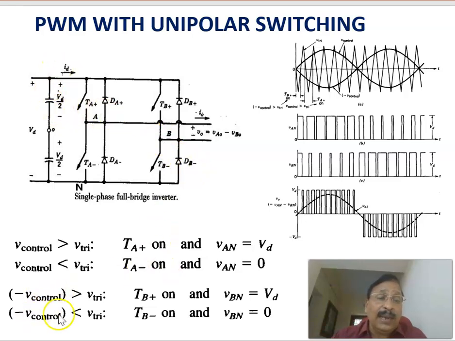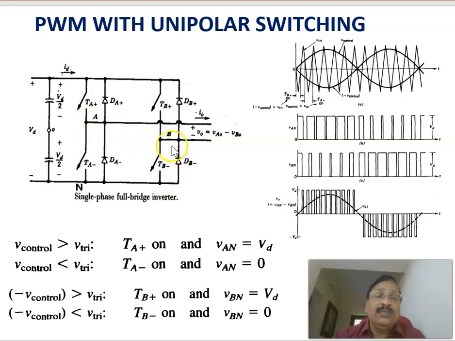When minus V control is less than VTRI, TB minus is on, and this voltage is equal to 0. So there are two control signals, plus V control and minus V control, compared with the same triangular signal. Obeying this control law, this is the voltage of one leg with respect to neutral, and the second is the voltage of the other leg with respect to neutral.